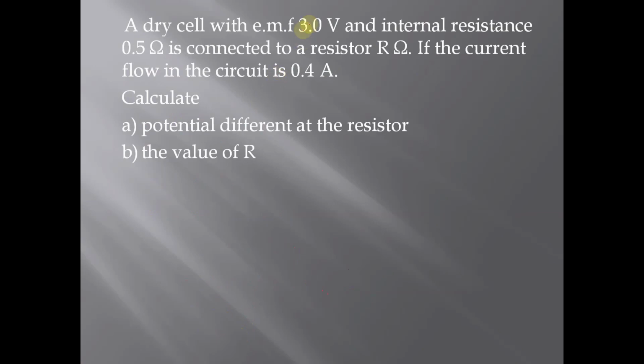Okay, what is happening? A dry cell with an EMF of 3 volt and an internal resistance of 0.5 ohm is connected to a resistance R ohm.